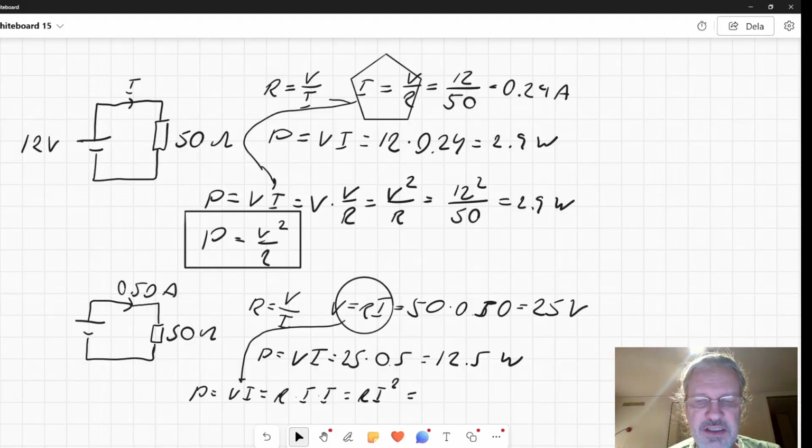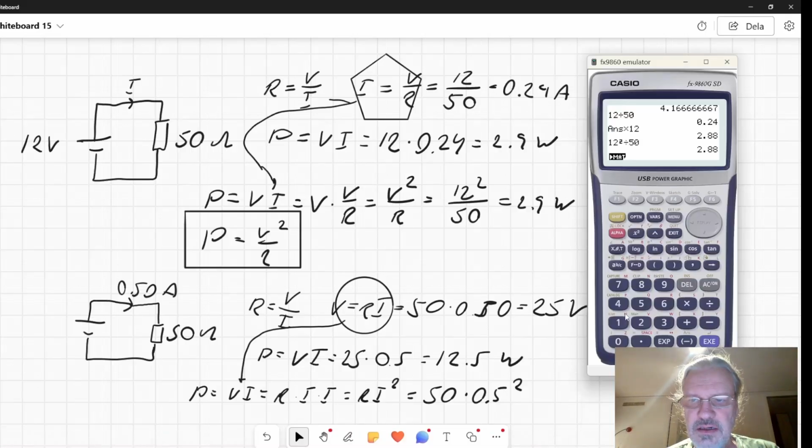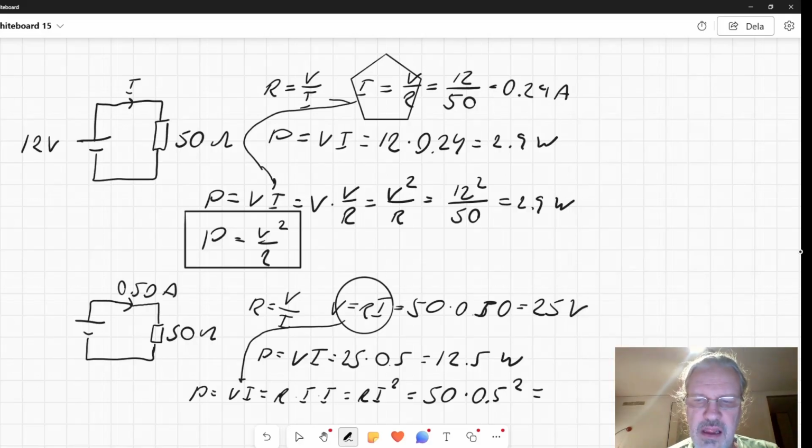P equals R times I squared. R was 50 times 0.5 squared. Okay, let's try that. 50 times 0.5 squared, and we get the 12.5 back again.